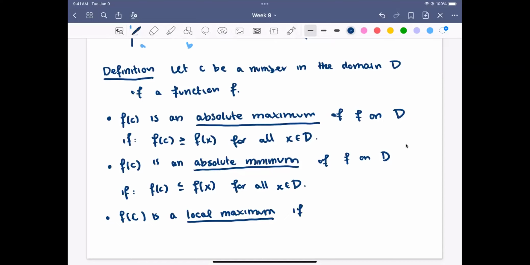if there is an open interval, let's say A to B. We want this to be a subset of D. And we also want the interval to contain C, right?